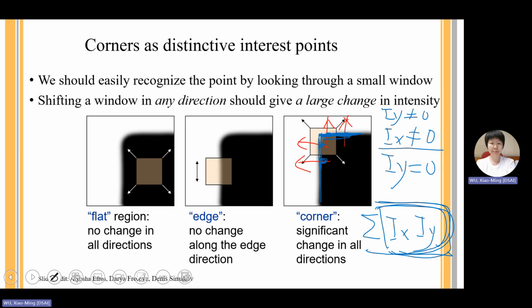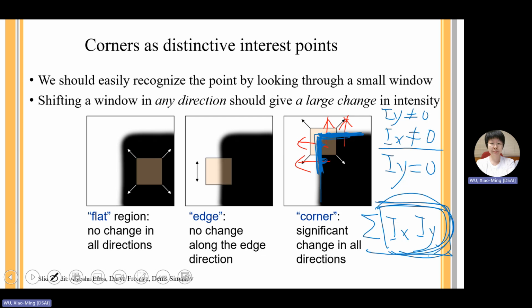For these points, their x derivative is non-zero, but their y derivative is 0. So for those edge pixels, either Ix will be 0 or Iy will be 0.